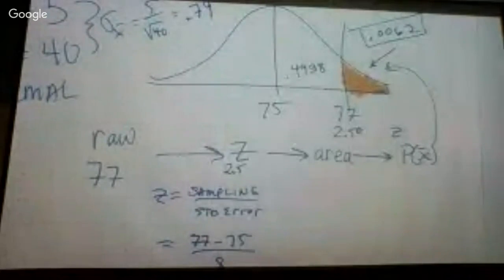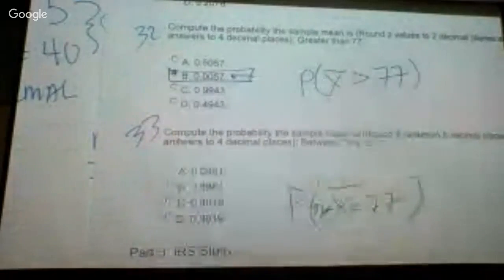Oh no, 0.0057 and 0.0062 are not the same. However, given our choices of 50%, 99%, almost 50%, or less than 1%, B is the one which makes sense.